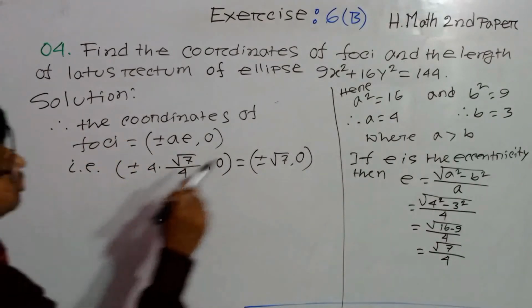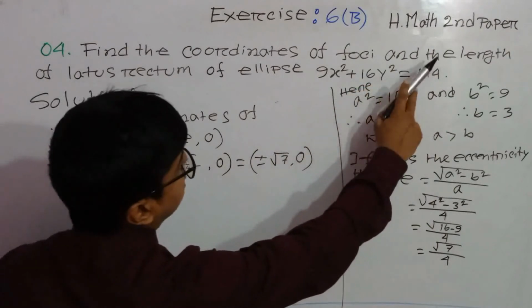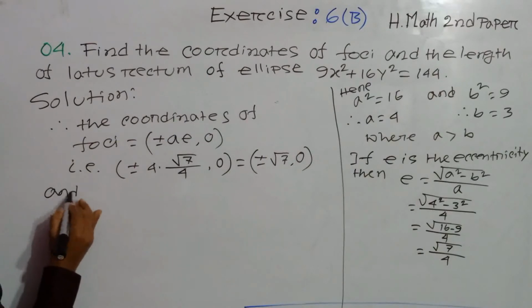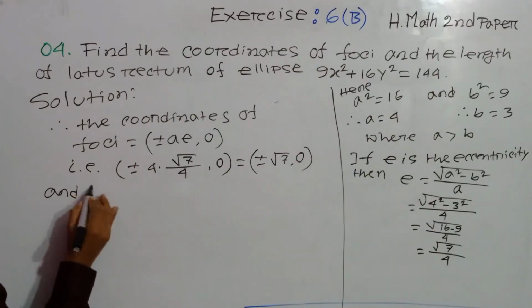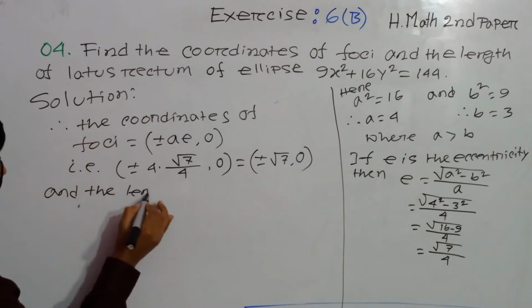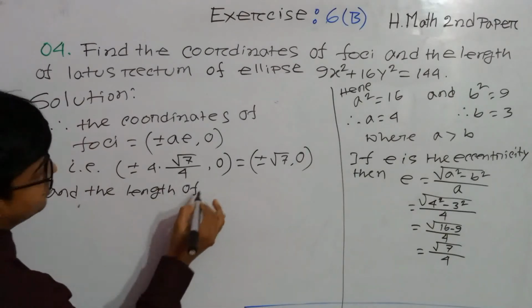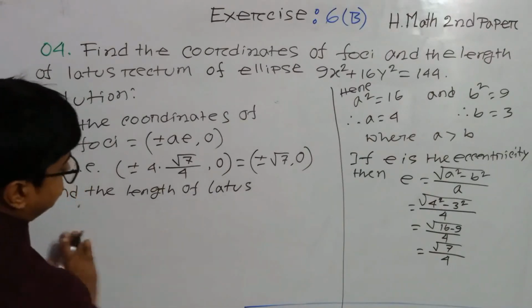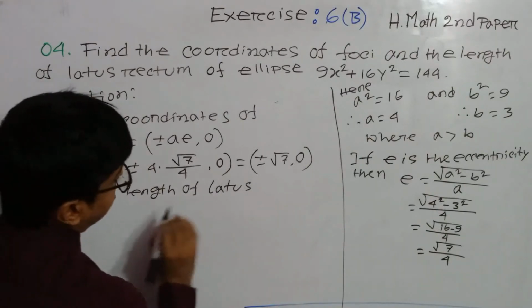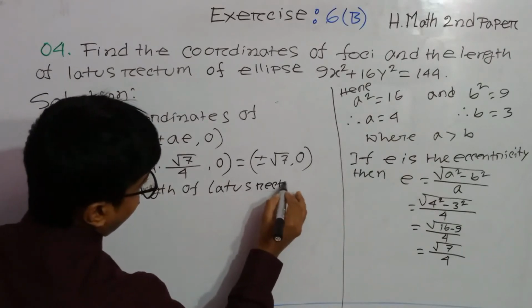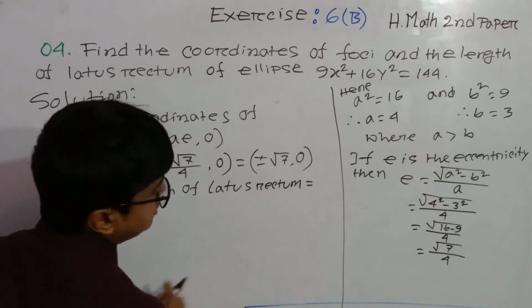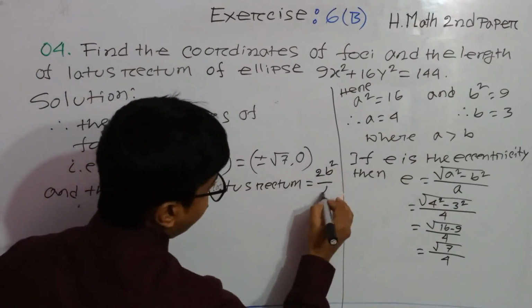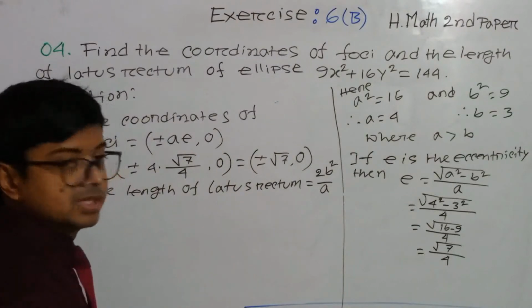And again we can find the length of the latus rectum. The length of the latus rectum equals 2b square by a.